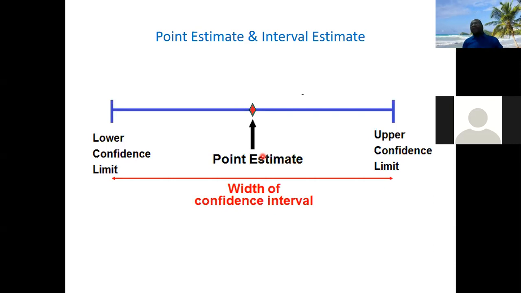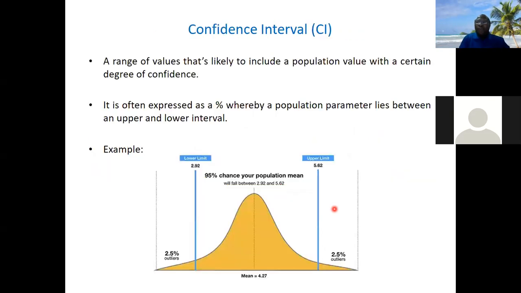Now the word confidence comes in, because the width of the interval determines the level of confidence you have that this interval contains the population value. So there is a reliability factor, which gives you the level of confidence.